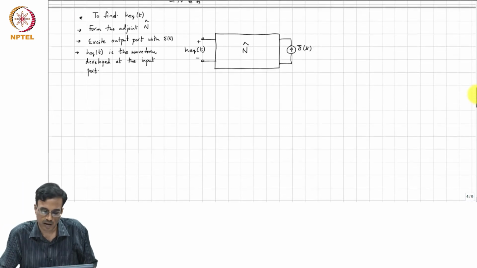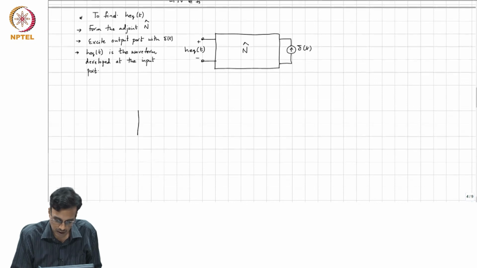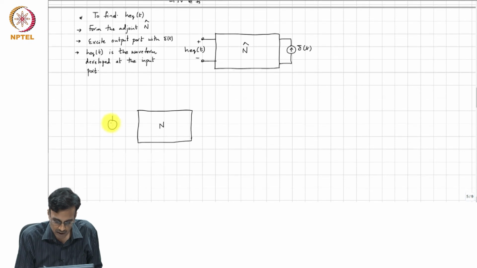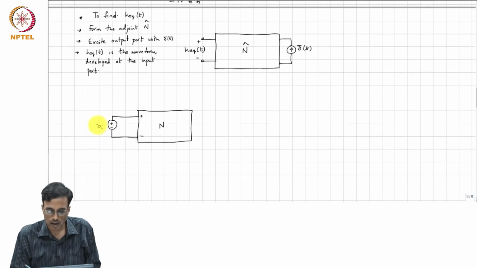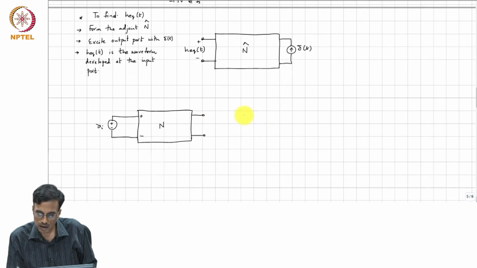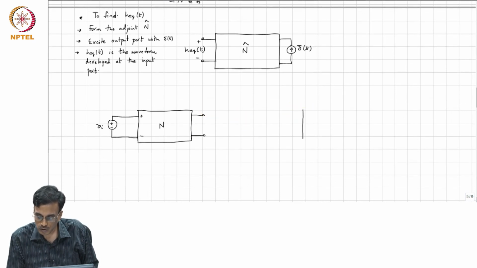Now, of course, the other corollaries are pretty straightforward. If the network is being driven by a voltage source and the output is a voltage, then to find h equivalent of t, what should you do?